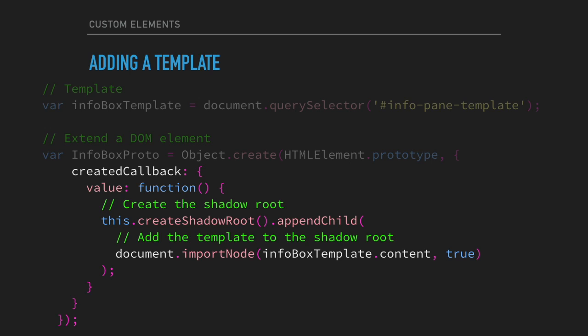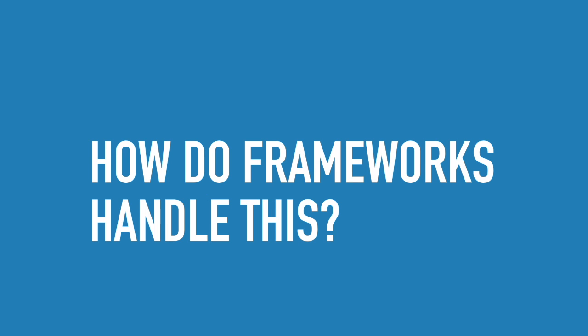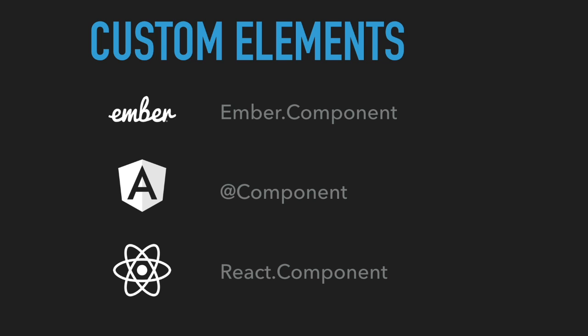And so now you can start to see that at least 3 of the 4 concepts are really coming together, where we've got a shadow root, we've got an HTML template, and we're bringing them together in the context of a custom element to create something with a structure in alignment with the template. So this is starting to look much more like an Ember or a React component. No surprise how frameworks handle this. They all have their own representation of components.